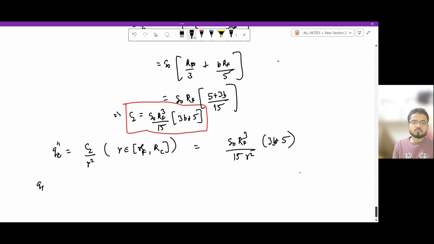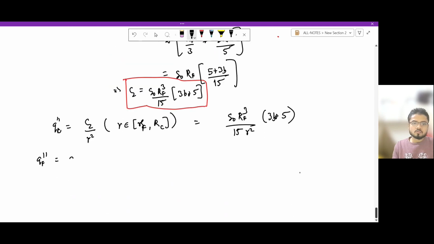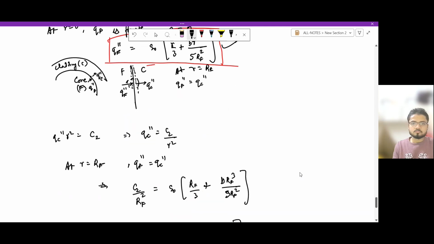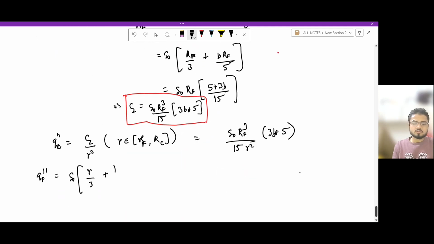So let's start off with QF double prime, which is equal to S naught R by 3 plus BR cubed over 5 RF squared.